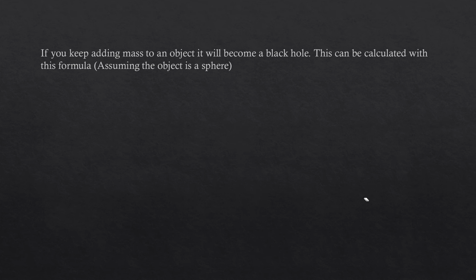We're assuming it's a sphere, because most of the time we'll be dealing with planets or stars and stuff like that. So mass is equal to volume times density. In other words, the mass of a sphere is 4/3 times the density times pi r cubed. If we rearrange this, we can see the radius is the cube root of some constant times mass. In other words, the radius is proportional to the cube root of the mass.